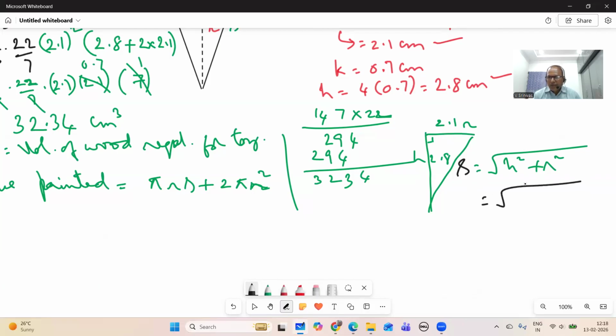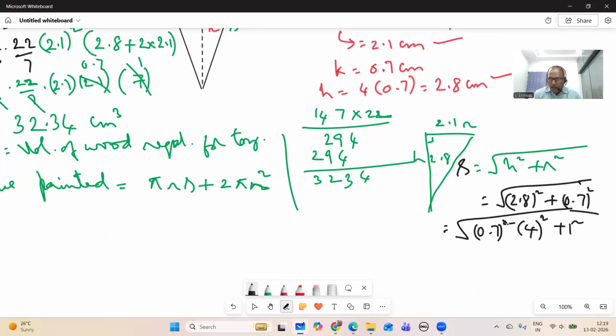H square is 2.8 whole square plus r square is 0.7 whole square. Out of these two, you can take 0.7 whole square common. Out of 2.8, 0.7 is out, so 4 remains. So square is there, plus 1 square.